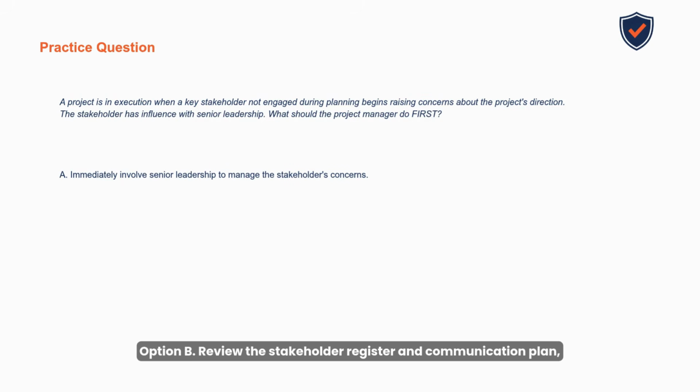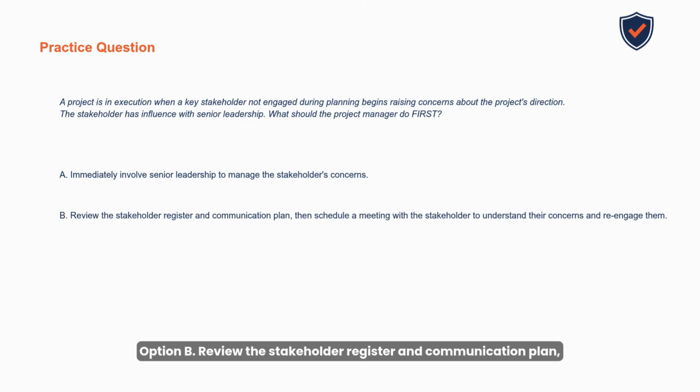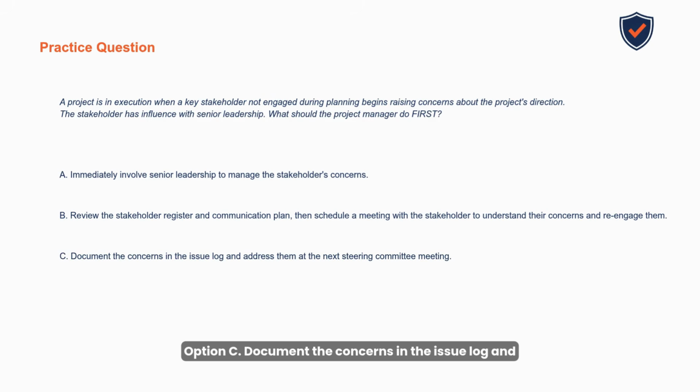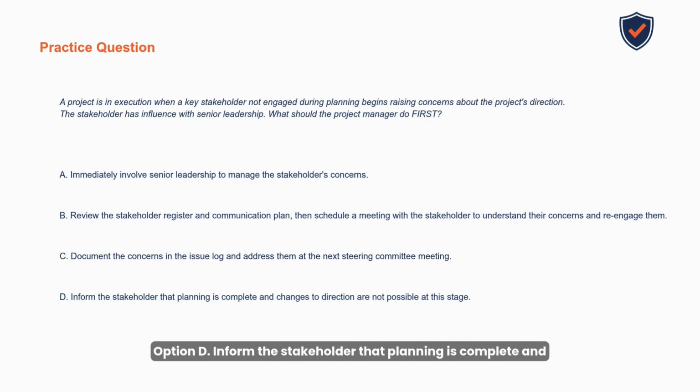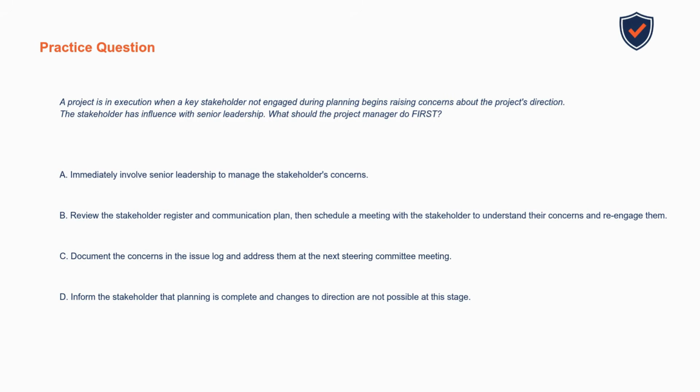Option B: review the stakeholder register and communication plan, then schedule a meeting with the stakeholder to understand their concerns and re-engage them. Option C: document the concerns in the issue log and address them at the next steering committee meeting. Option D: inform the stakeholder that planning is complete and changes to direction are not possible at this stage.